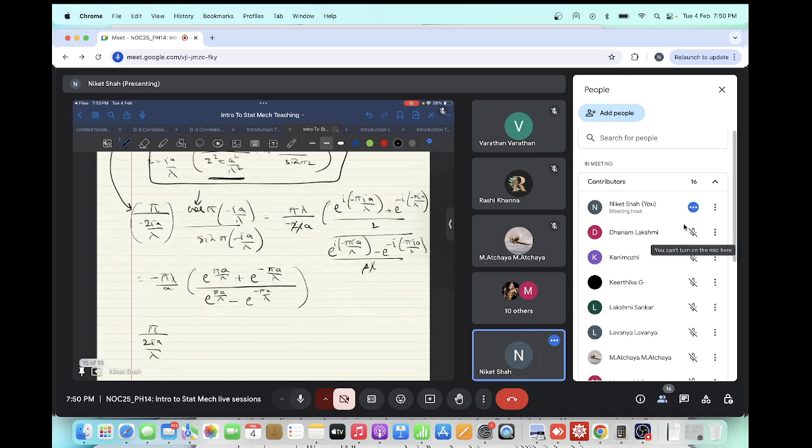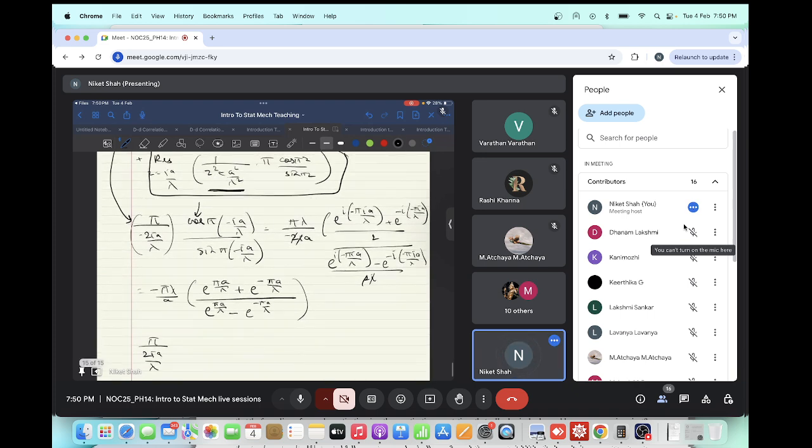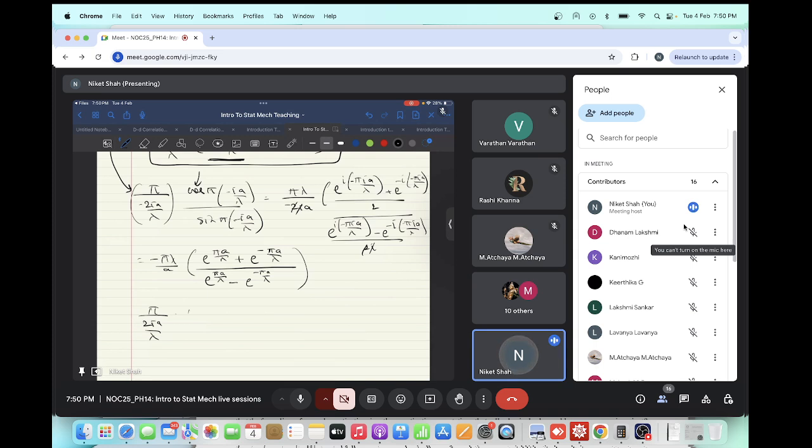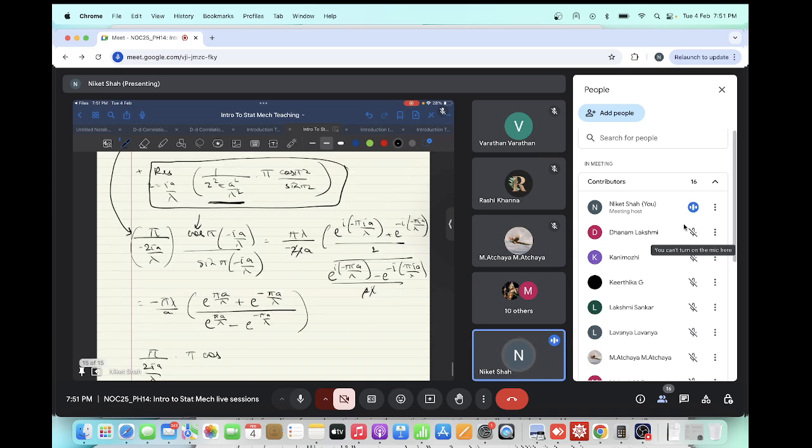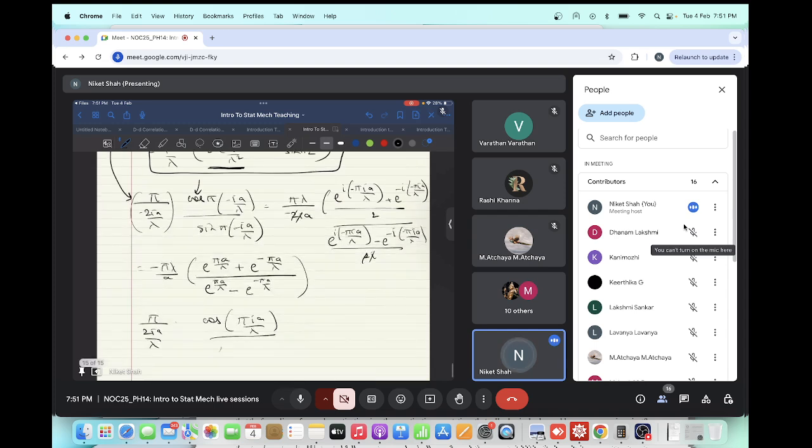Pi divided by 2 I a by lambda multiplied by pi. Sorry, there is no pi now, I've already taken pi. Cos of pi z, where z is equal to I a by lambda, by sin pi I a by lambda.